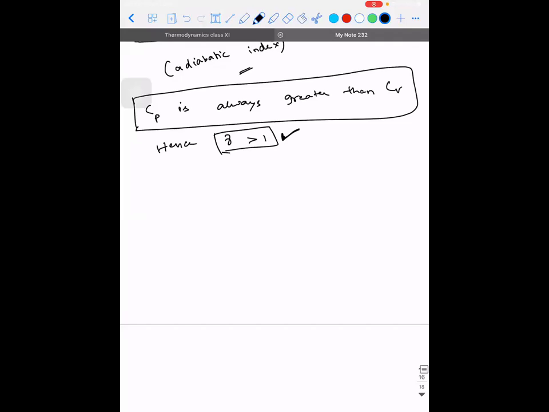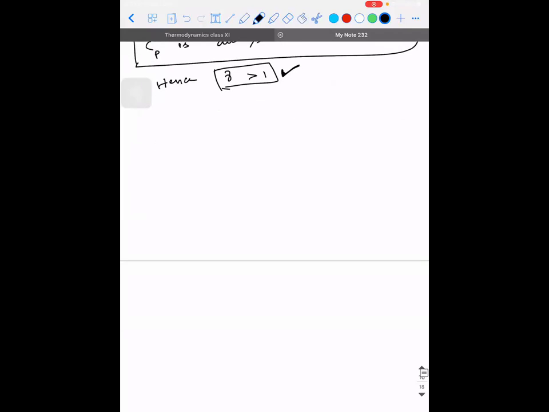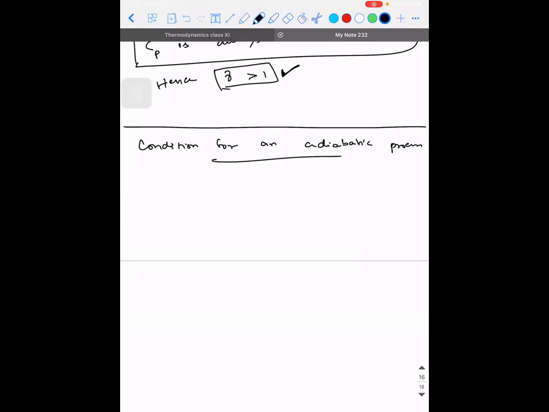So having all these points in mind, now we are going to discuss the condition for an adiabatic process. For example, if I ask you, what is an isobaric process? The pressure is going to be constant. If I ask you what is isochoric, volume is going to be constant.